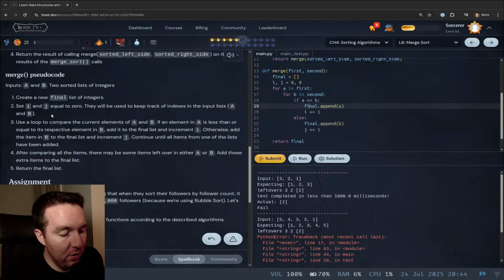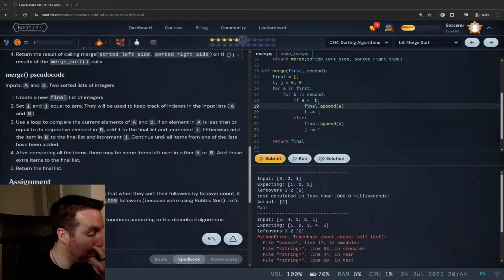So set i and j equal to 0. They'll be used to keep track of the indexes in the input lists A and B. So that's going to be A, that's going to be B, right? Use a loop to compare the current elements of A and B. If an element in A is less than or equal to its respective element in B, add it to the final list and increment i.